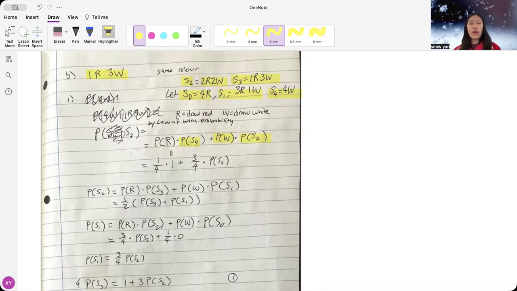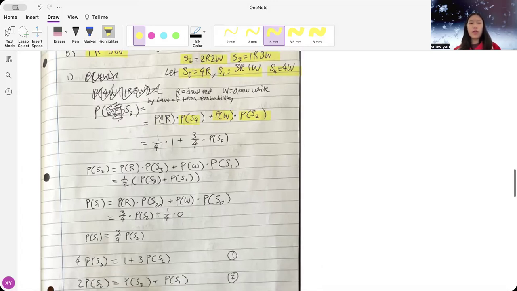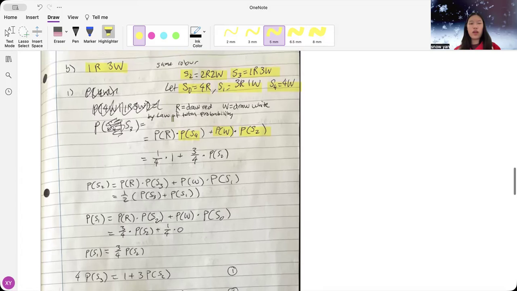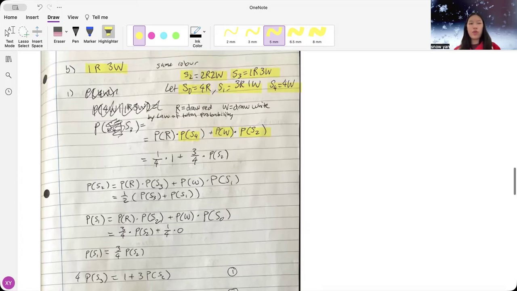The probability of getting red when I have 1 red and 3 whites is 1/4, because there are 4 balls and I have 1 red. The other one is 3/4. And I'm just going to solve for what PS4 and PS2 are.